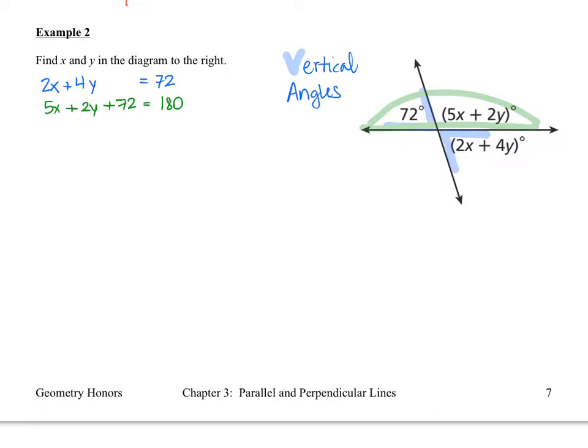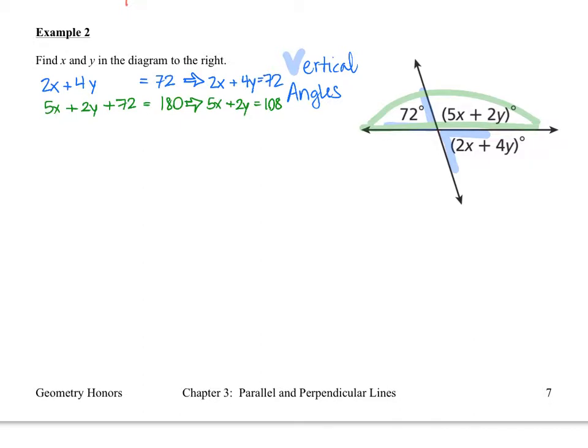So let's see what we can do with this now. We're going to rewrite the first one, 2x plus 4y equals 72. And then the second one, we are going to combine like terms, which means take the 72 over to the other side, or another way of saying that is subtract 72 from both sides, and that's going to give us 5x plus 2y is equal to 180 minus 72, or 108.